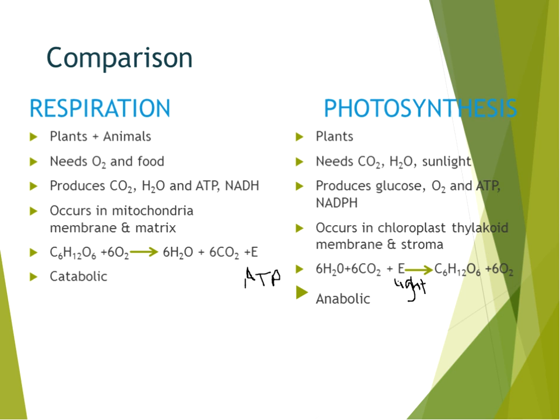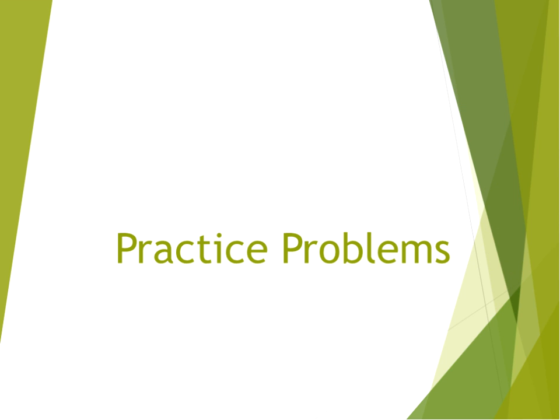So photosynthesis, again, is an anabolic chemical reaction because energy is required to combine to make the complex compound. And respiration, on the other hand, is catabolic because it is breaking down the compound, so energy is released.